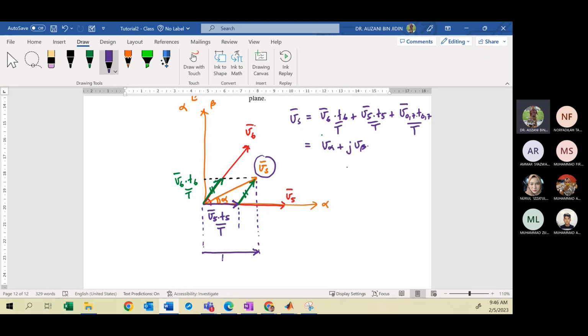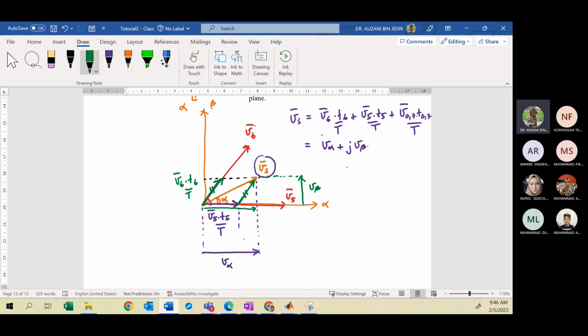V alpha. Clear? It means this vector from here to here. Then you sum it with the V beta. So V beta is defined as this vector V beta.